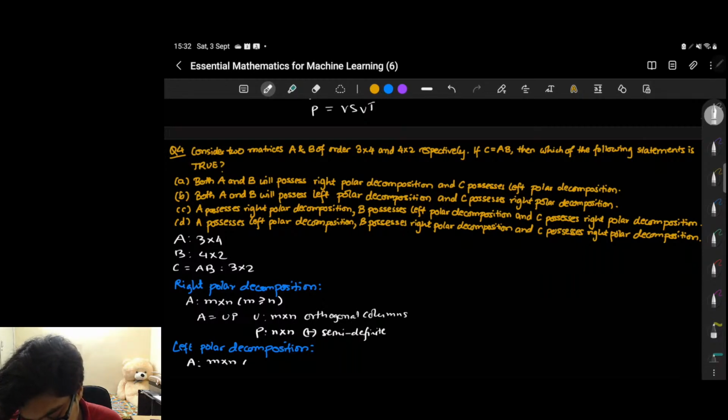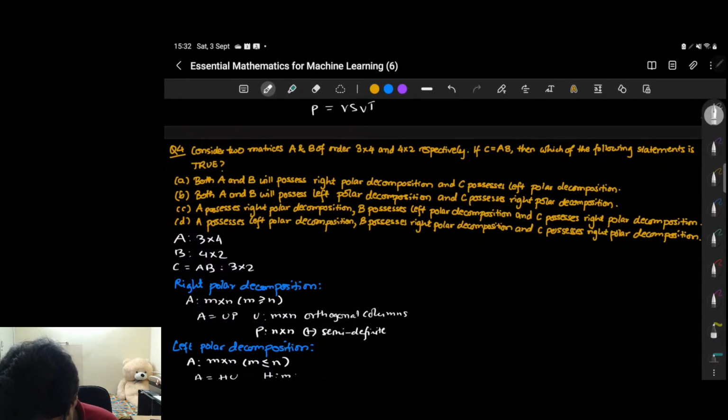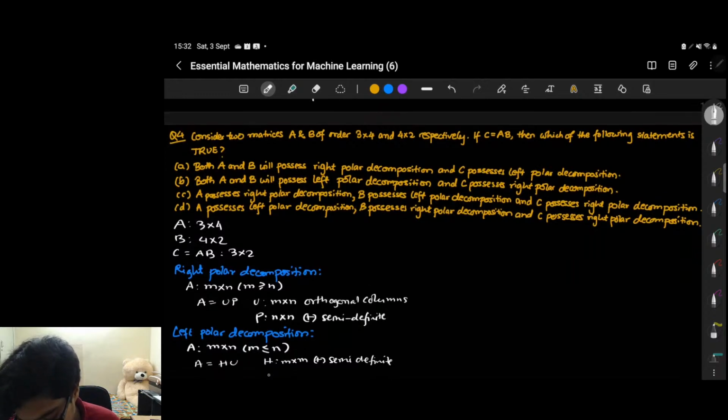A is an M cross N matrix, but M this time is less than or equal to N. So we will write it as follows, where H is an M cross M positive semi-definite matrix, and U is an M cross N matrix with orthogonal columns.